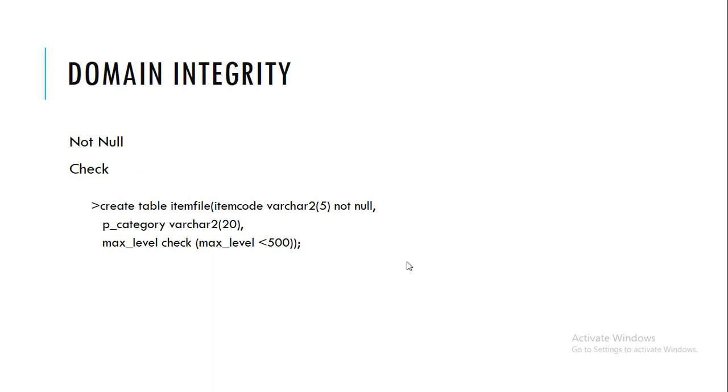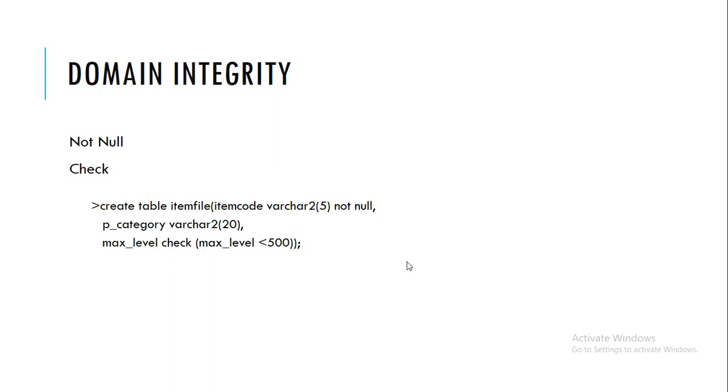So first one is domain integrity. In that one, not null and check are there. Suppose I am going to put a criteria that you cannot keep any of these things as a null value, meaning that 0 and spaces are different from null.